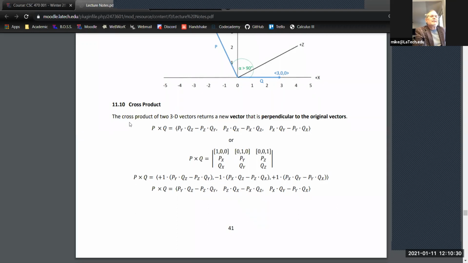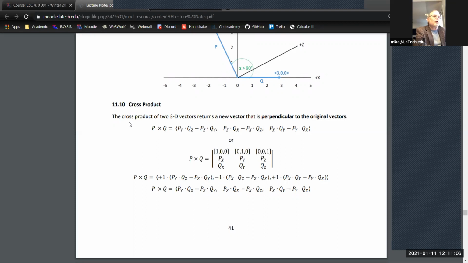And then the last value, the Z value, you mark off the top row and the rightmost column, and then you have PX times QY, and you have PY times QX, and that's another little X, a little cross. And so you take the PX times the QY, and you subtract from that the PY times QX. So right below there, you can see I have a +1 times PY times QZ minus PZ times QY.